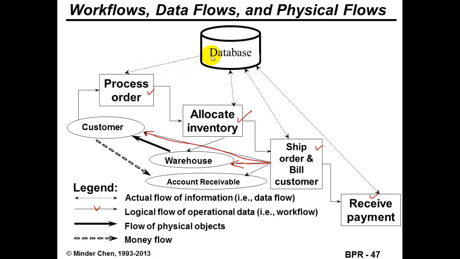The dotted line here implies that the actual information flow is really occurring between the activity supported by an information system and the underlying, usually centralized, database. So when the customer calls and tries to place an order, the order entry clerk will basically enter that data into the database.